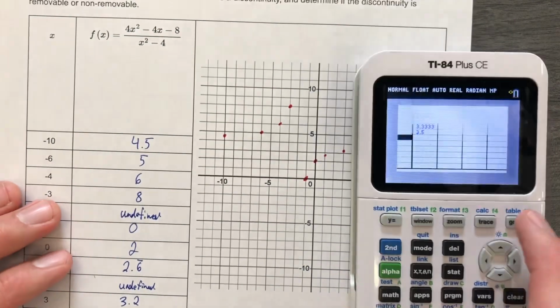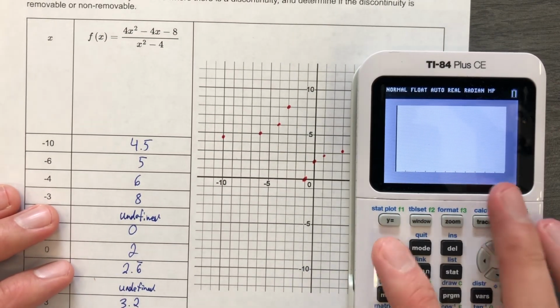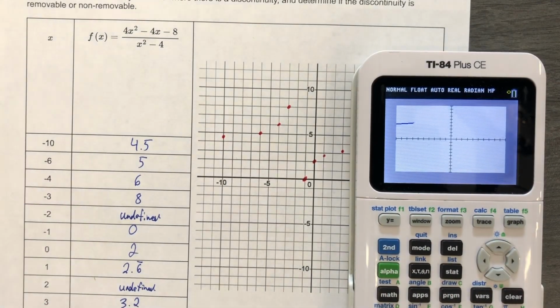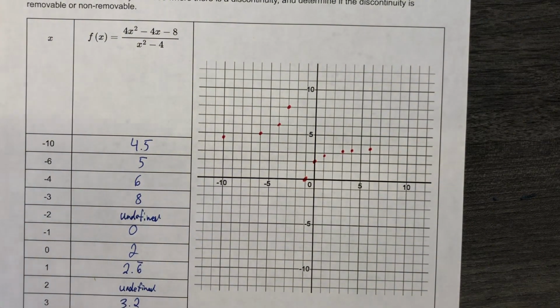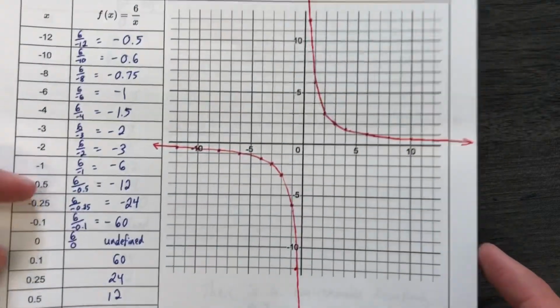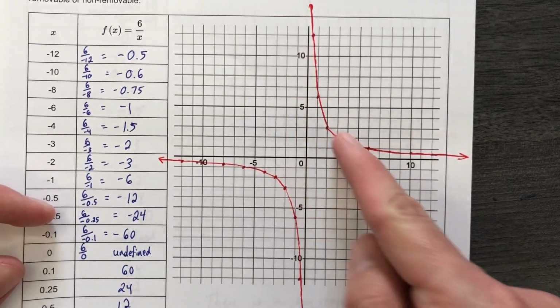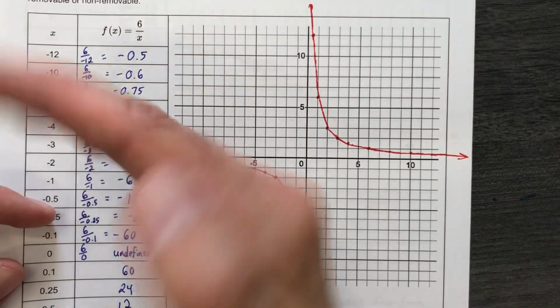Desmos is clearer, but let's go to a standard window. Interesting. On the graph that we had right here, we had a situation where these things were curved and they were kind of hugging the x and y axes.